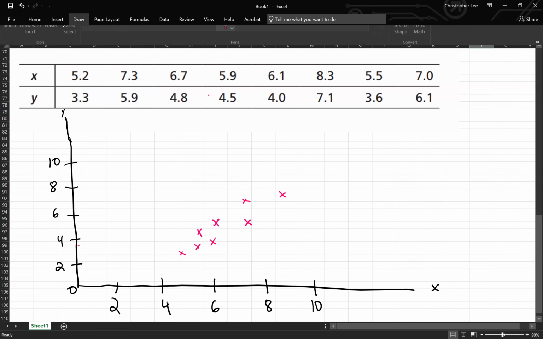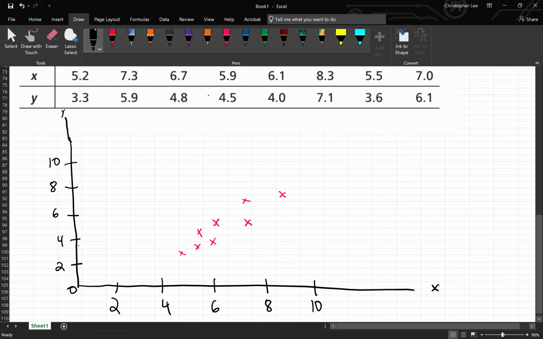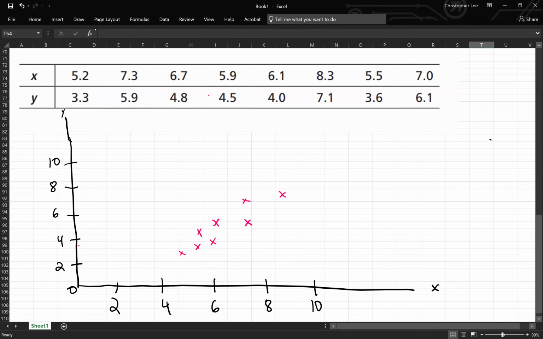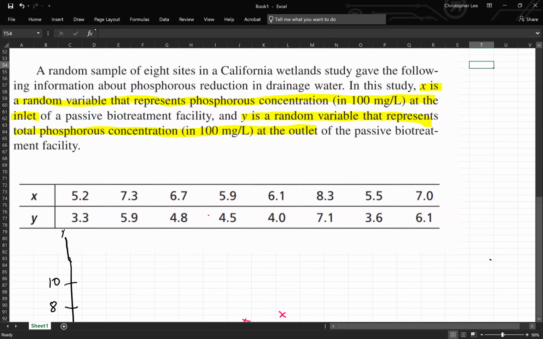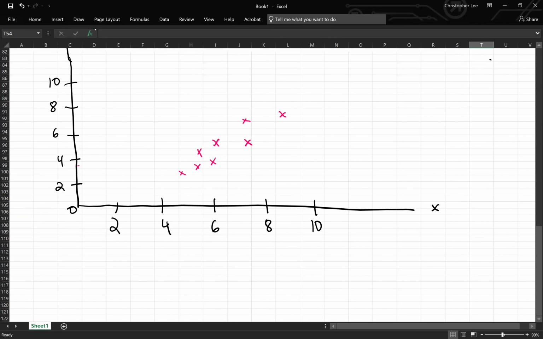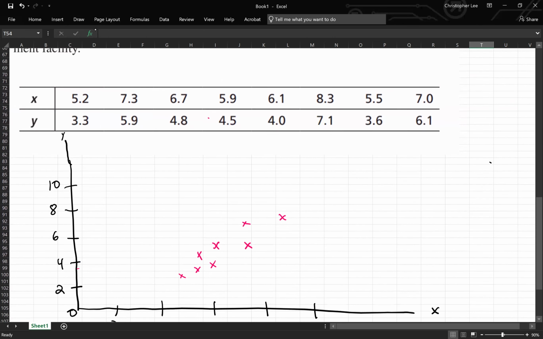One thing that I will ask you when you're doing this is to label your graph. So what did we say X was? X is the inlet where the dirty water is going in. So this is my inlet, in 100 milligrams per liter.